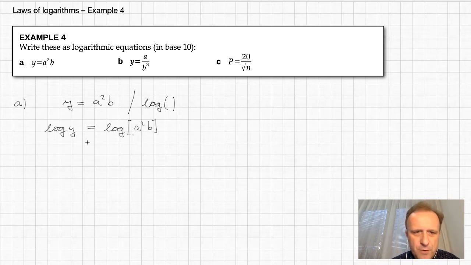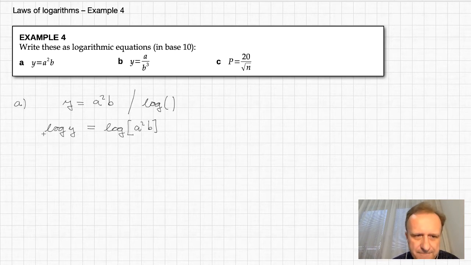Okay? So taking the logarithm of both sides of this equation doesn't change anything. The equation still holds true. If it was true for the original variables a, b, and y, it is still true now after taking this logarithm, but there was this requirement that all those variables be positive.